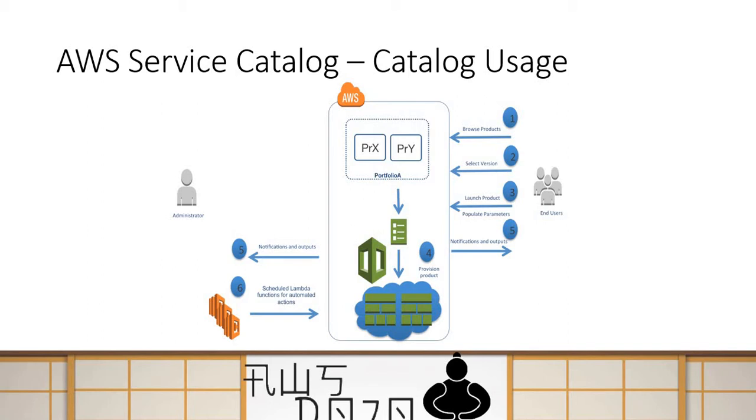You simply log in, you see the products which are assigned to you, you can go ahead and launch your product, and when you launch the product, the AWS services are created for you. So that's how Service Catalog works. It's pretty simple, but a very powerful service to manage an enterprise level self-service catalog for the end users.